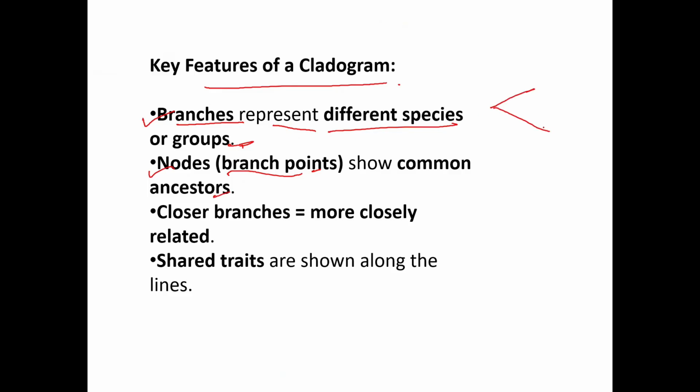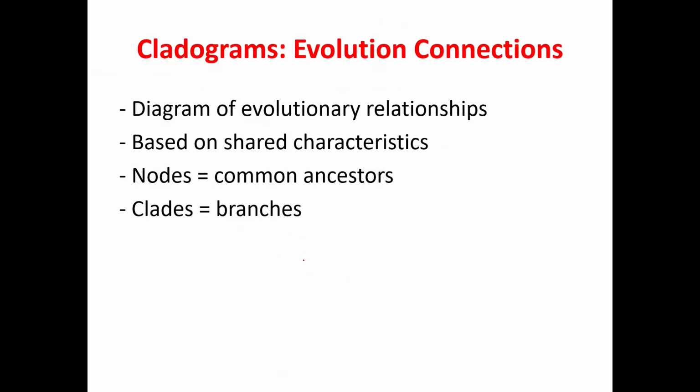Closer branches are more closely related. Shared traits are shown along the lines. So the main feature is that branches show how species are related, nodes show the common ancestor, and traits are shown along the branches.